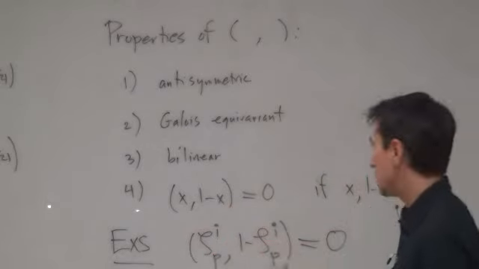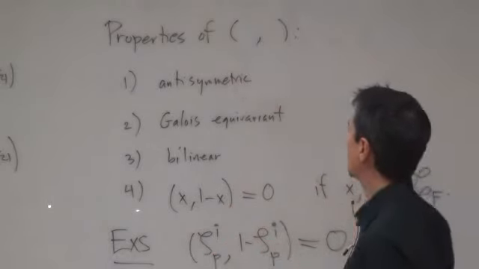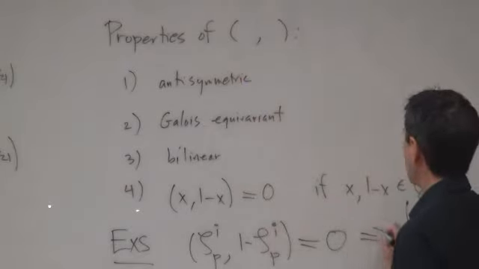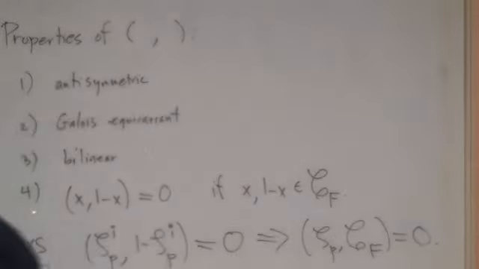It also pairs trivially with itself, where you could use, for instance, the antisymmetry. So in particular, zeta P pairs trivially with all cyclotomic P units. So my pairing on CF actually is determined by the pairing on CF plus. That determines the pairing completely.